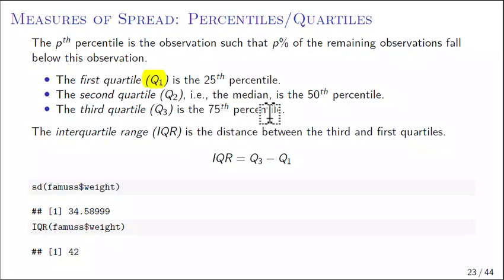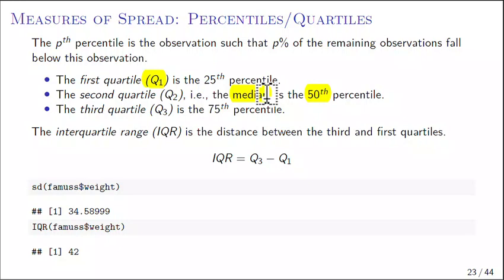Then we have the 50th percentile. The 50th percentile is equivalent to the median, right? That means if we have 100 observations, we have 50 numbers smaller than the median, and 50 numbers bigger than the median. So the median splits the whole 100 numbers into two halves.